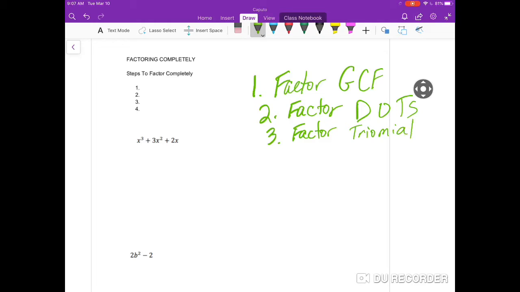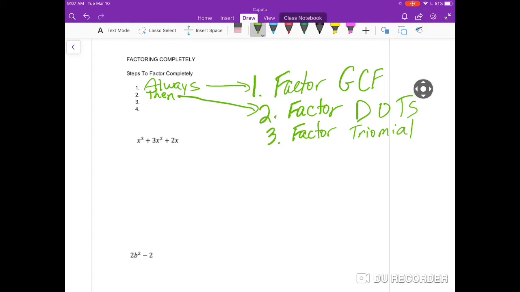Okay, so number 1, always, first step is look for a GCF. Number 2, then we want to look for, is there any type of difference of two squares? All right, and then finally, after that, you might be left with a trinomial, okay?